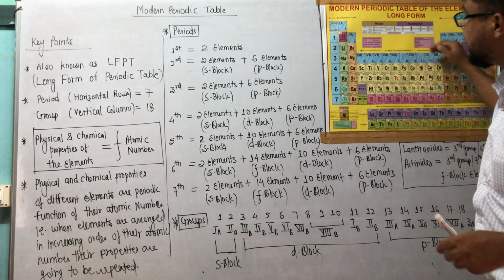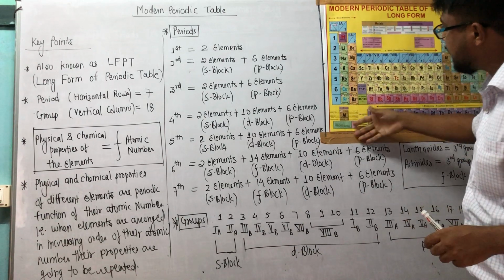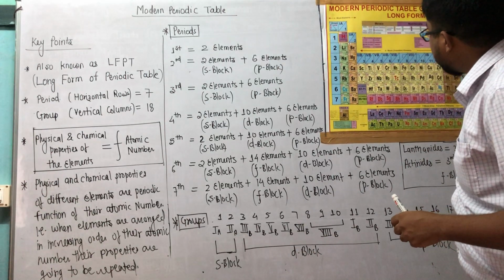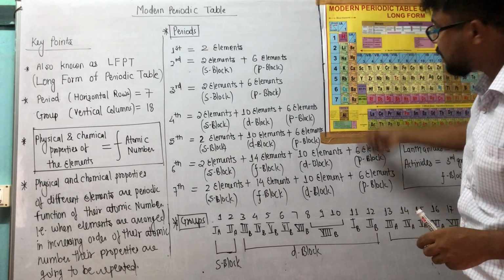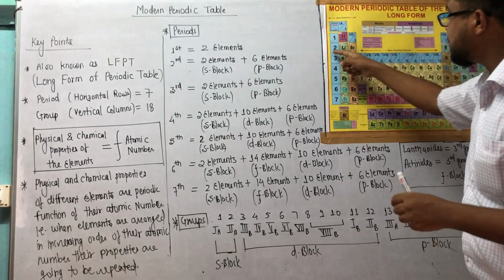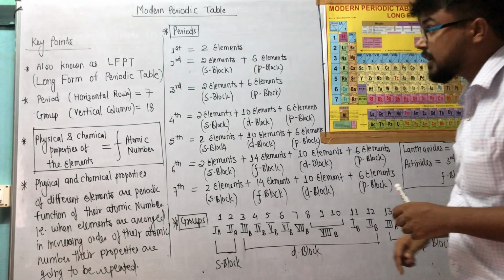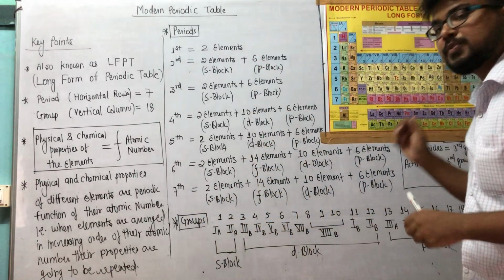In this manner we will study along the period or down the group, left to right or top to bottom. Left to right is period and top to bottom is group, correct? So I listed the periods here and then we will study groups.